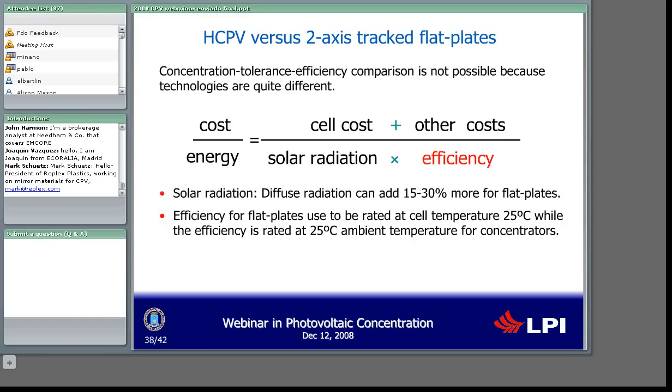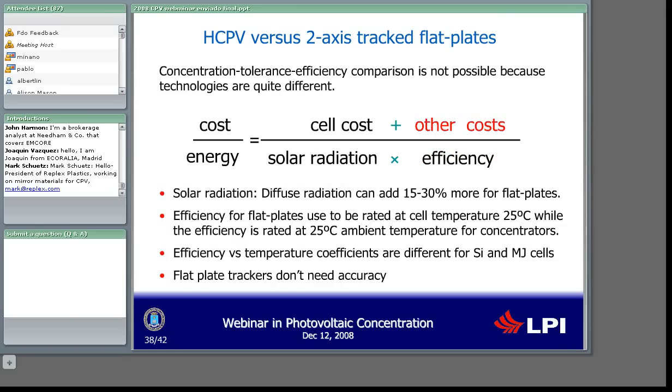Sorry, there's a mistake there. And the efficiency versus temperature coefficients are very different for the different cell technologies.